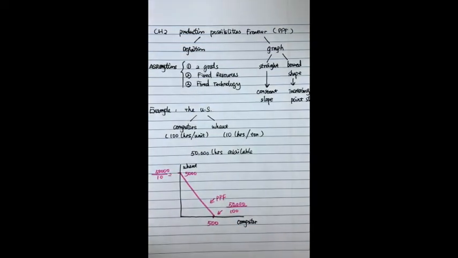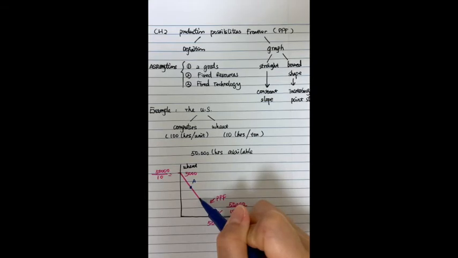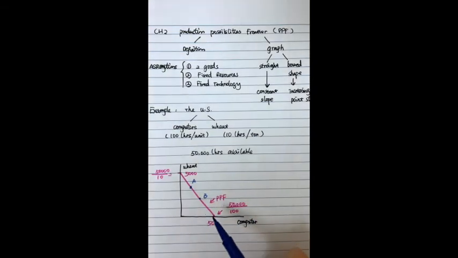We also talk about any points on the PPF, like point A, like point B, any points on the PPF, they are efficient and they are possible to produce, right? Because they use up all the labor hours. However, any points inside the PPF, like point C here, of course, is possible to produce.